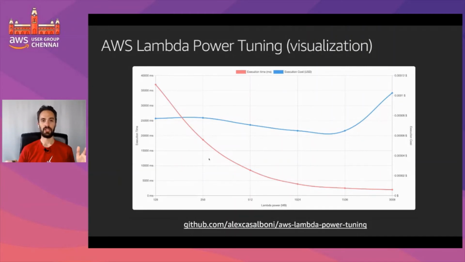So just a clarification about this tool, this visualization. It's based on a static website that I own. So it's completely free to use because it's just a very cheap static website. And most importantly, it doesn't store or receive any data about your function, your ARNs.